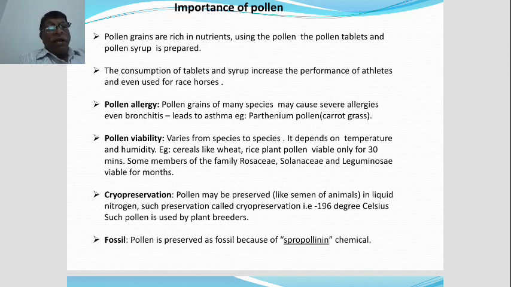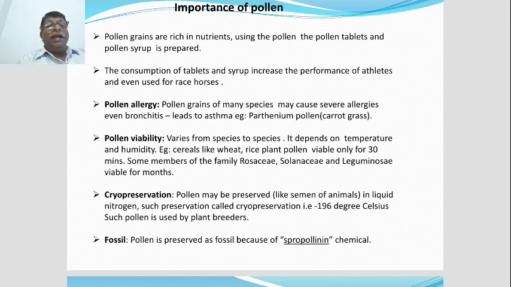The pollen is preserved under minus 196 degree Celsius. A very important point. What is the use of such pollen?